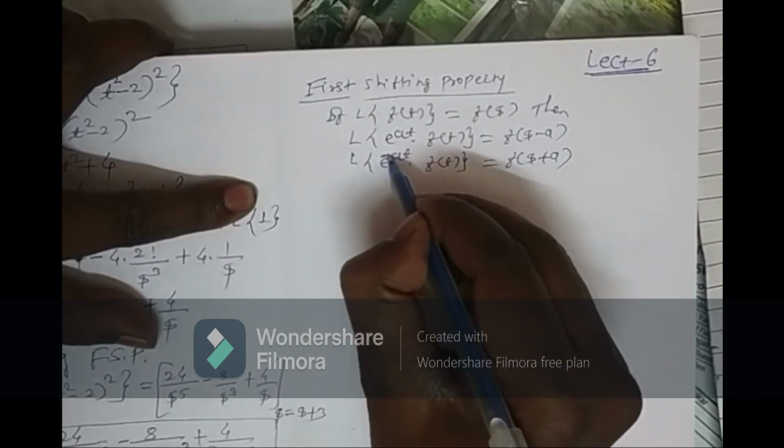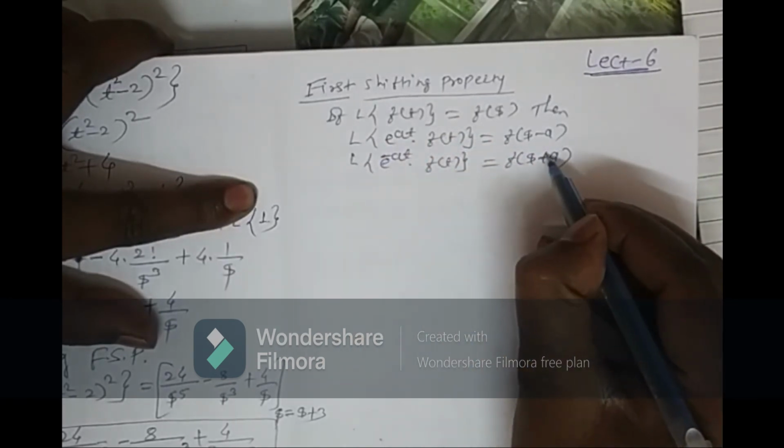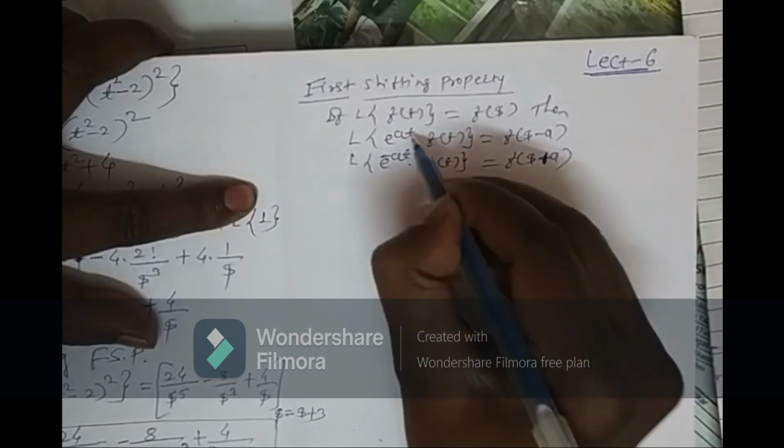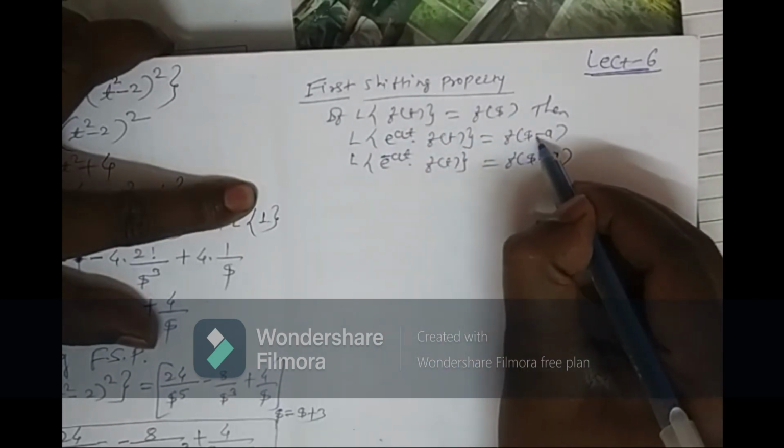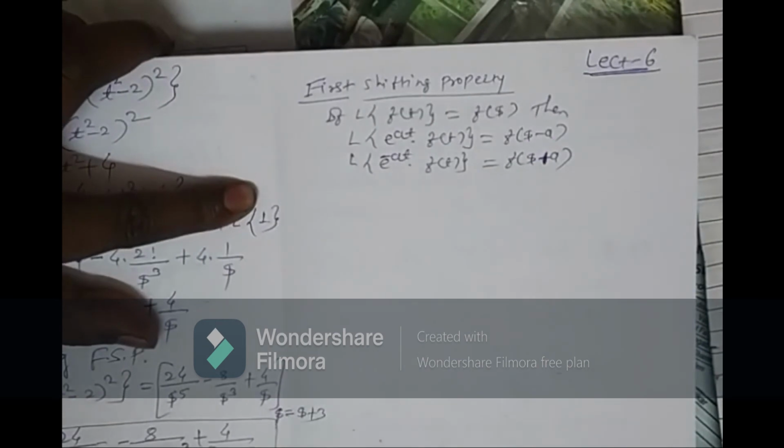If there is a minus sign, then we have to replace s by s plus a, and if there is a plus sign, then we replace it by F of s minus a. So this is very simple.